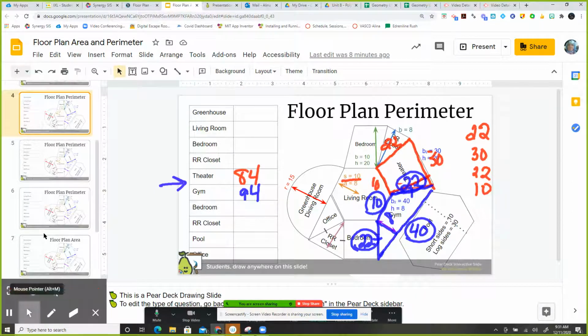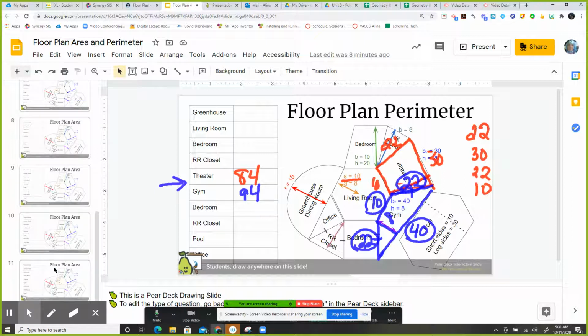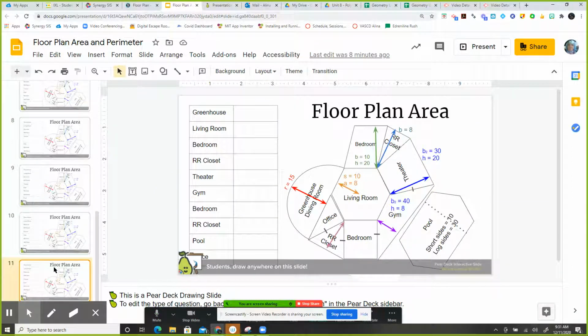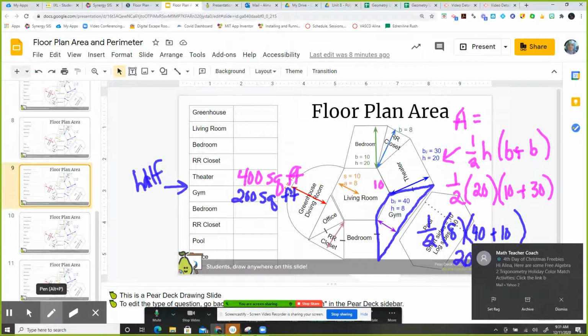But the area was about 1/2. Why is that? Why is the perimeter almost the same, but the area is 1/2?